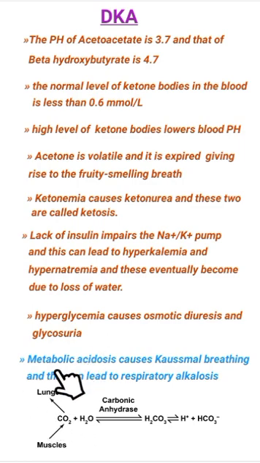So for people who have metabolic acidosis, it means that their blood is acidic. And what is an acid? An acid is simply a substance that is able to liberate hydrogen ions in aqueous state. An acid is a solution that has more hydrogen ions than hydroxide ions.